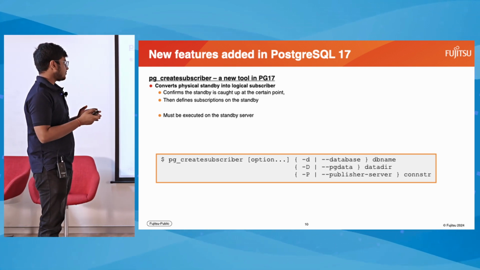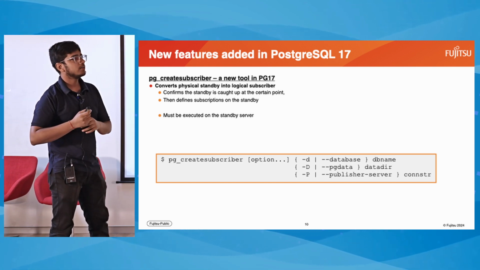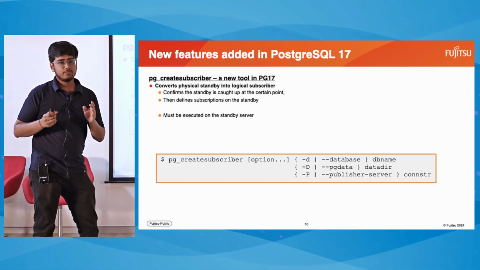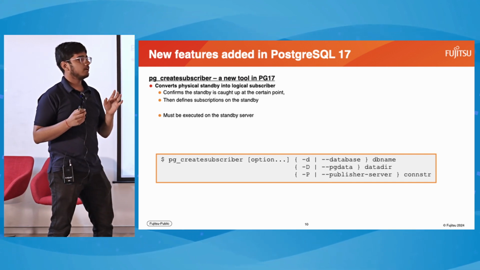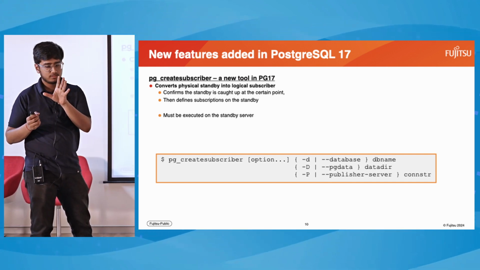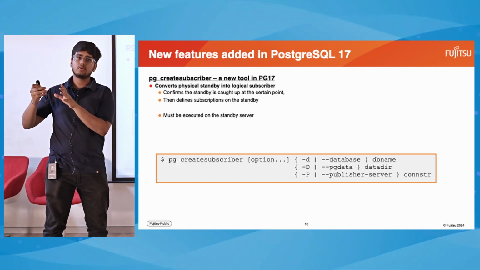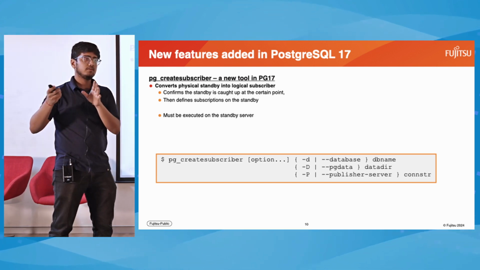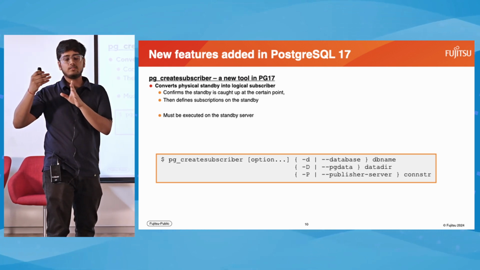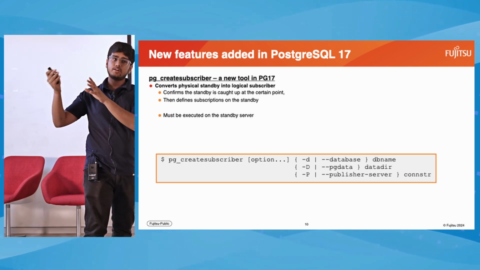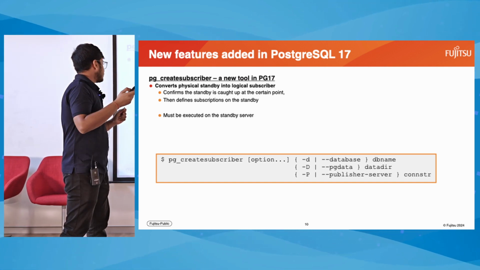How it basically does that: at a certain point it checks if the standby is caught up, stores that point as a consistent LSN value, and then creates a subscription. The data after that point is replicated using logical replication.